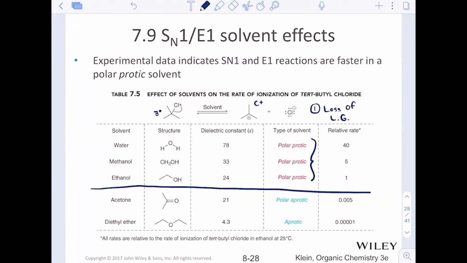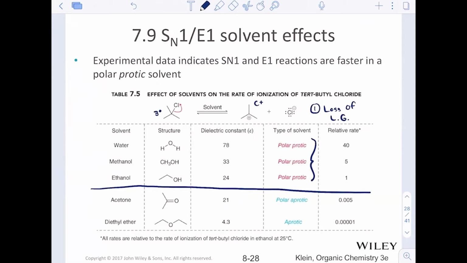Water is very good at stabilizing carbocations because of the two areas of hydrogens of delta pluses and oxygen being very available with its delta minus to stabilize positive charged things. And as you get down to the polar aprotics, notice these values right here, they're very, very low. Polar aprotic solvents with our SN1 and E1 slow the reaction rate down drastically.